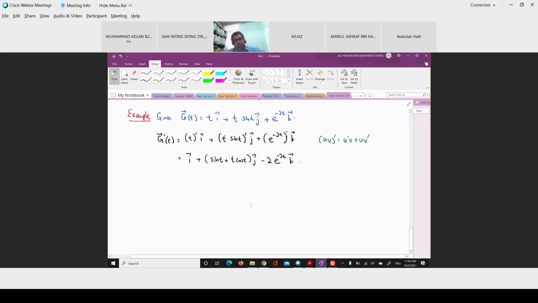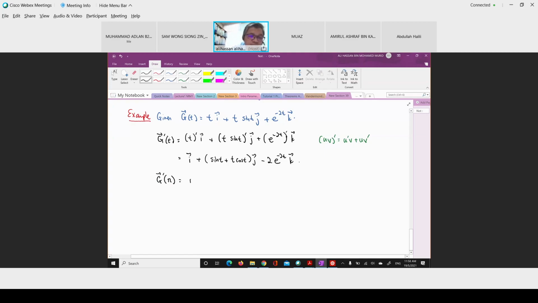And we can also differentiate this again. g prime t here is again a vector valued function. Of course, we can differentiate this again to get g double prime t. And suppose it is required to determine g prime pi. What is the value of g prime at t equal to pi?